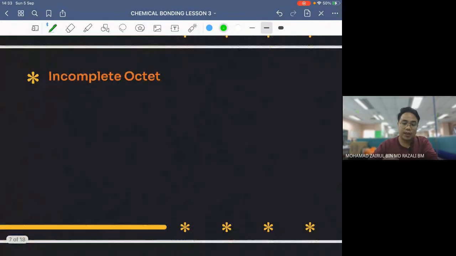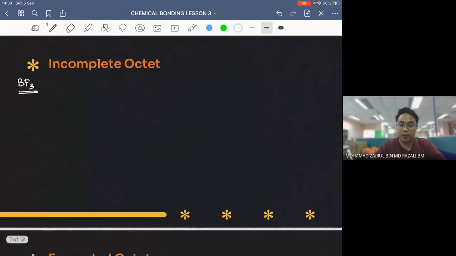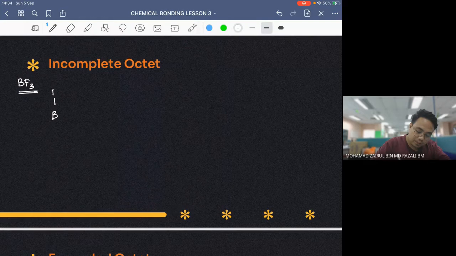So let's take a look at the first example. Let's say I have BF3. If you draw the Lewis structure of BF3, the boron will become the central atom and the fluorine will become the terminal atoms. This is the Lewis structure for BF3.